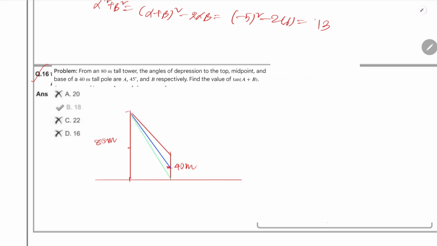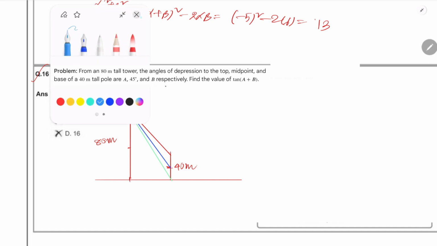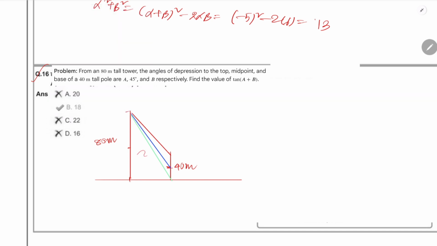So it is saying that the angles they are forming, first this, and another is this, and another is this. The first angle is A, the second angle is 45 degree, and the third angle is B. So you have to find tan A plus B.